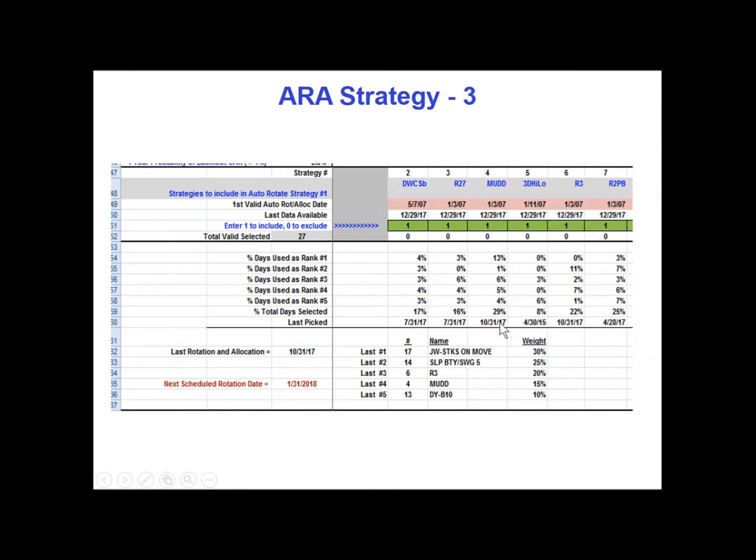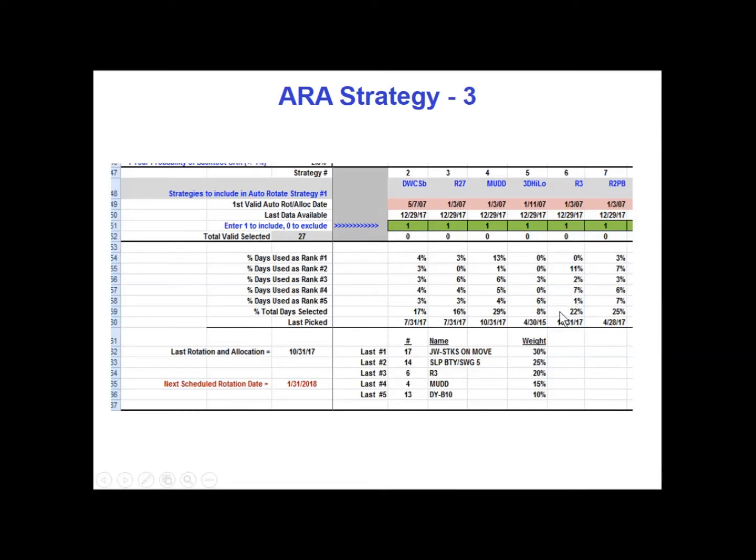And then, like I said, on this, after you run it, it will tell you the percentage of the days that each strategy was used as rank 1, 2, 3, 4, 5. So it also shows that on the rotation report, but here it gives it real quick and dirty up front.